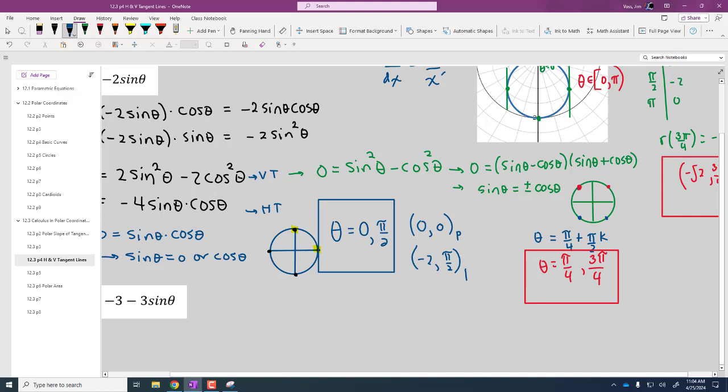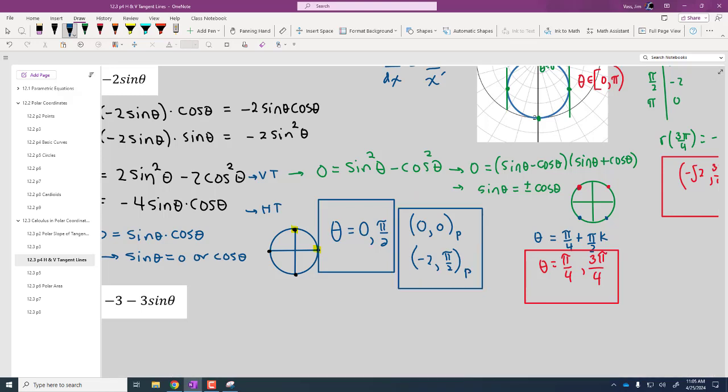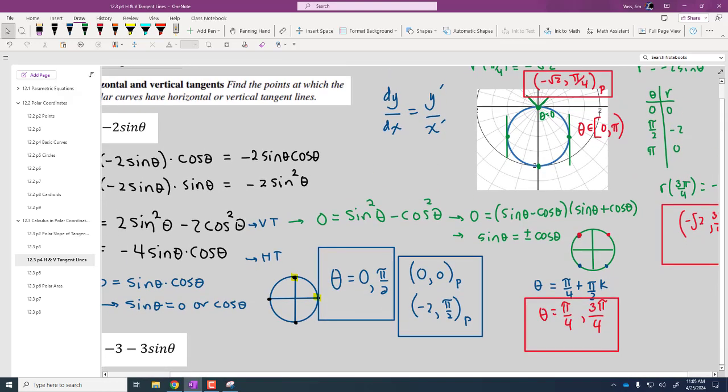So these would be the two polar points. So if we look at our graph, those two polar points are going to correspond to horizontal tangents. So 0, 0 is right there, and pi over 2, -2, so that would put us down here.